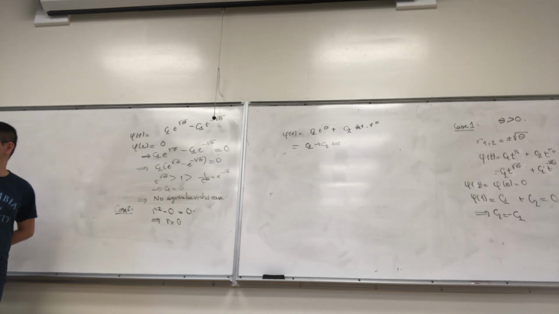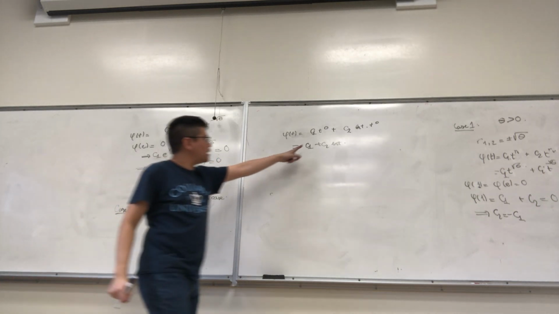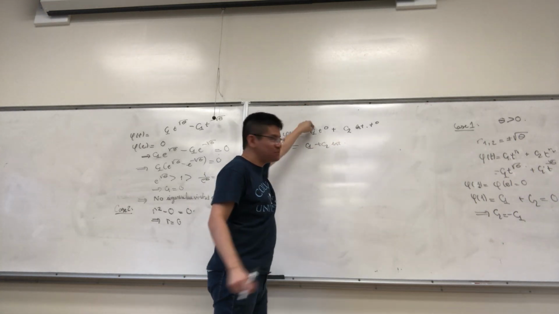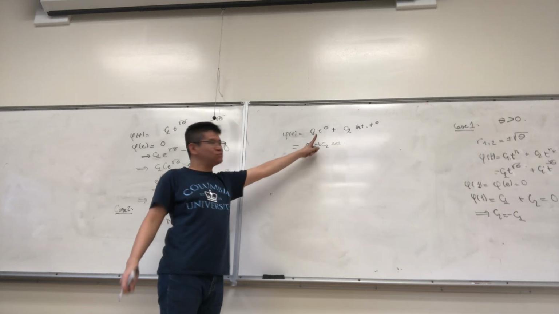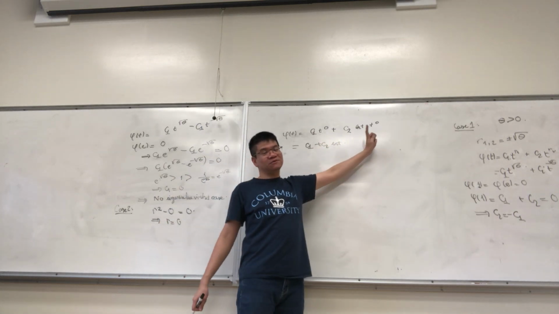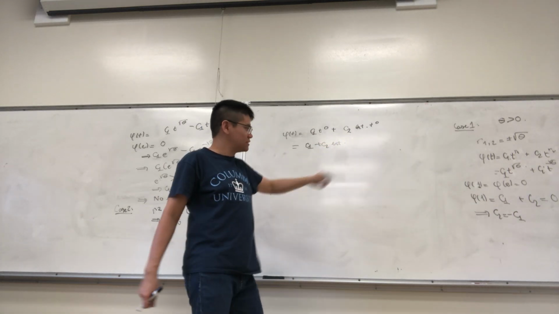So you just use the formula that we have. I always confuse between t's and x. So in this case, you have phi(t) is C1 t to the 0 plus C2 log t t to the 0, right? So you replace the exponential by the polynomial and the x, the t by the log t. So this gives me C1 plus C2 log t, right?